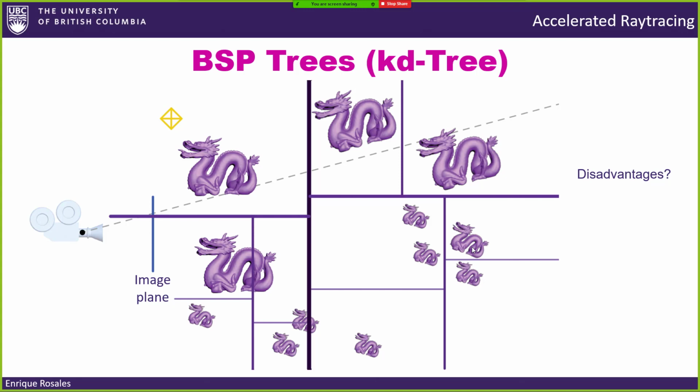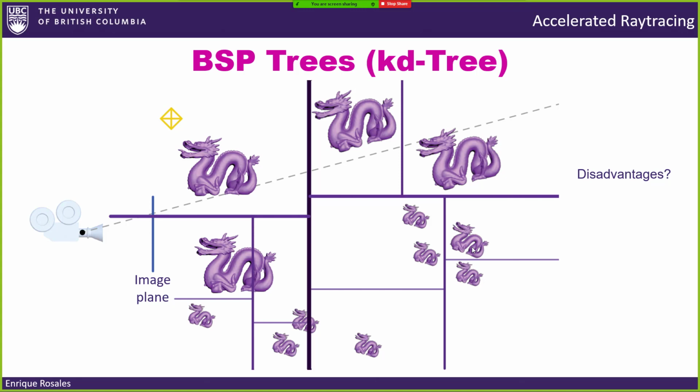If you have a different type of model, because this is a model made out of triangles, but maybe it's a sphere. The type of spheres that we were using are implicit spheres, because we were not using spheres made out of triangles. We have spheres that are just math information, the geometry of the sphere, the center and the radius. In those cases, if a plane of the KD tree is passing in the middle of one of these objects, you cannot split the object, because there are no triangles.